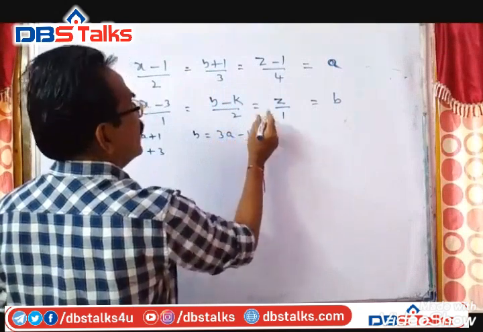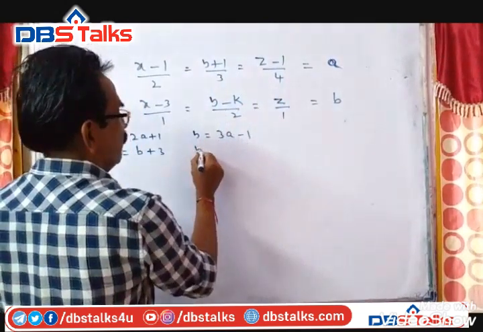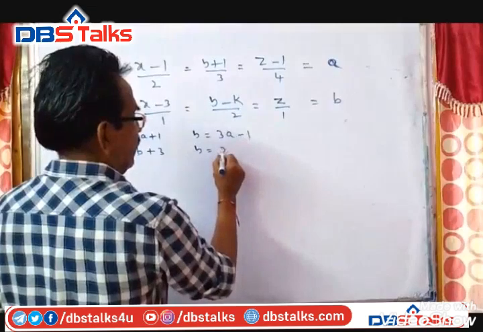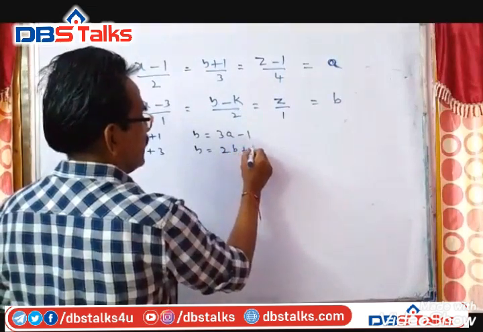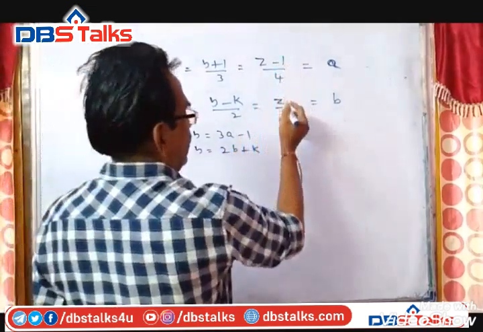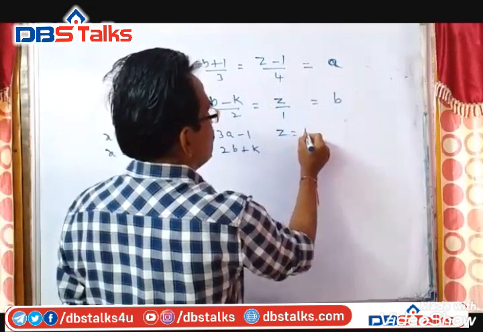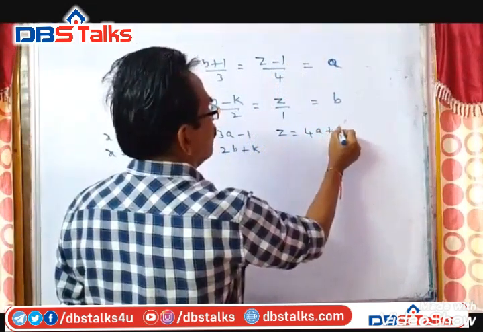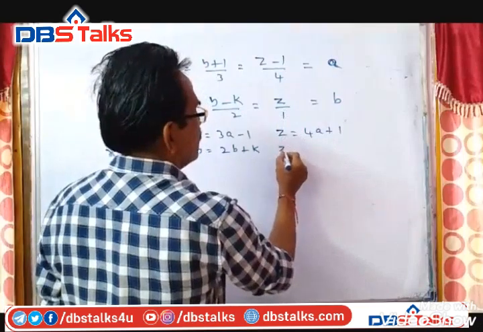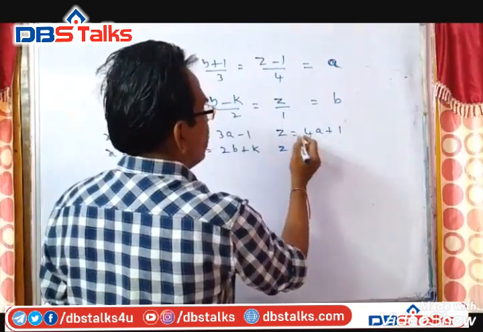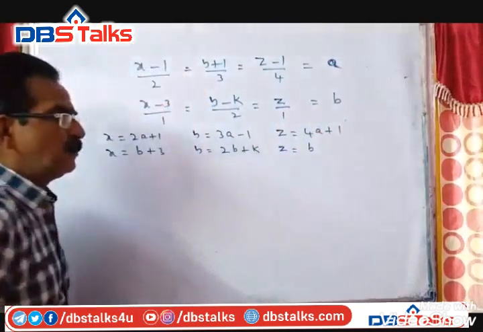And here y is equal to 2b plus k. And here z is equal to 4a plus 1. And here z is equal to 1 into b.